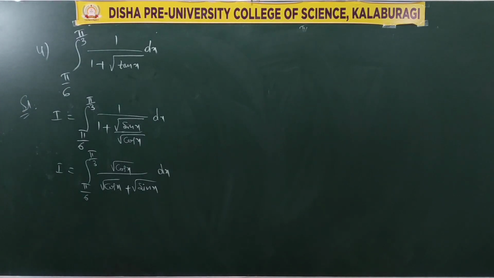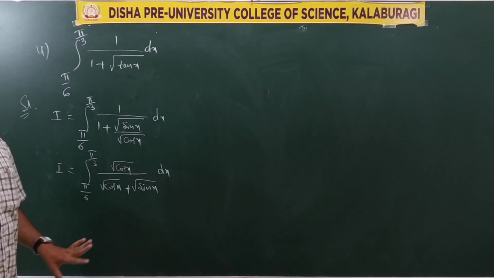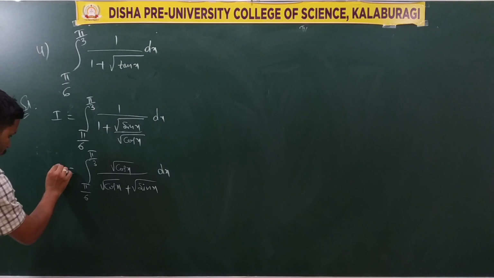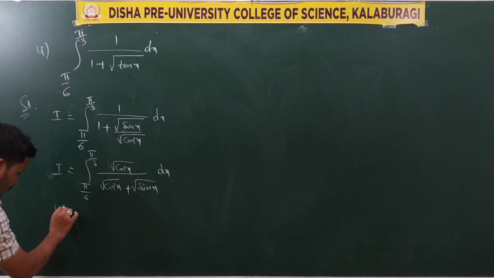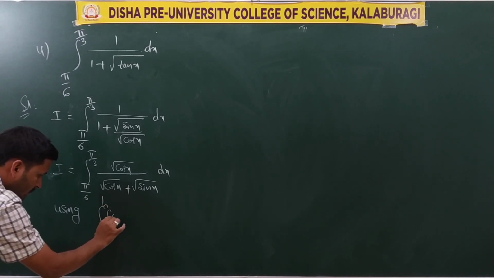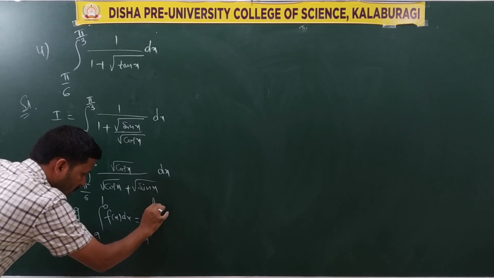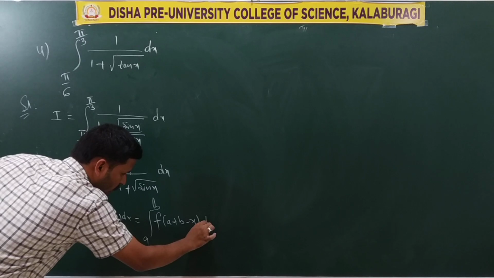So then here we need to use a property. Let us use the property here. Okay, which property? Do you remember property number 4? So using property number 4, the integration from a to b of f of x into dx is equal to the integration from a to b of f of a plus b minus x into dx.